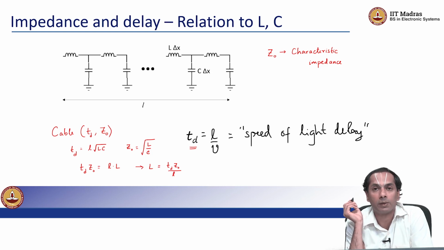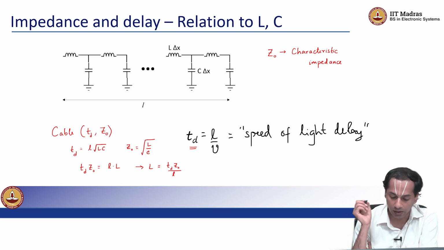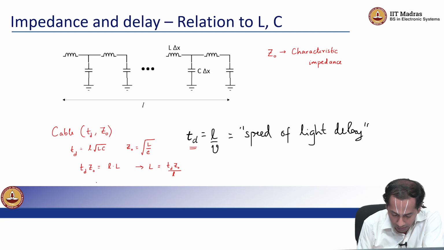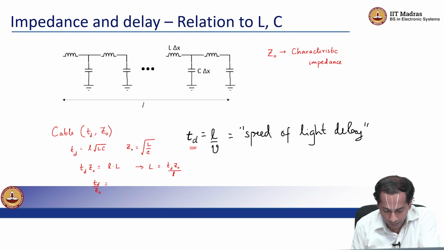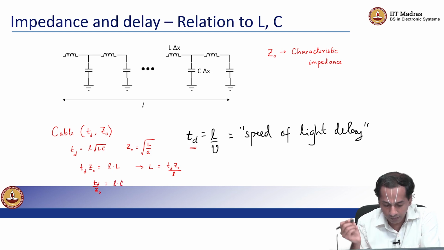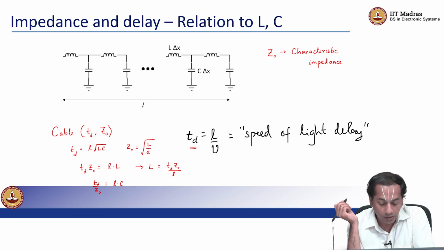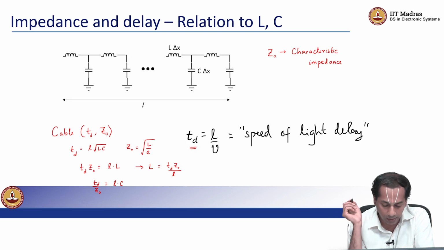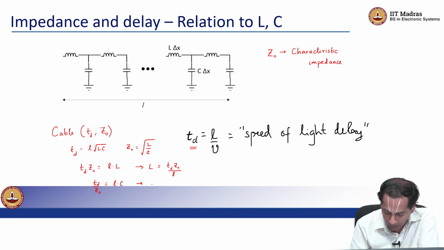And how would I get capacitance? I would have to divide, right? So if I took the ratio of TD to Z naught, you will notice that I can extract out the capacitance.